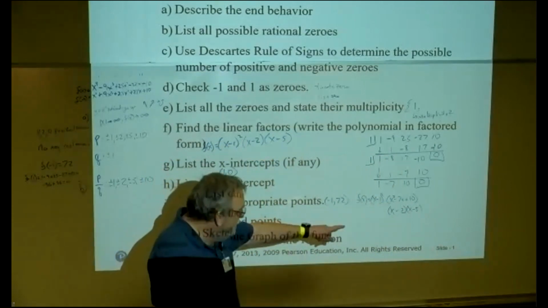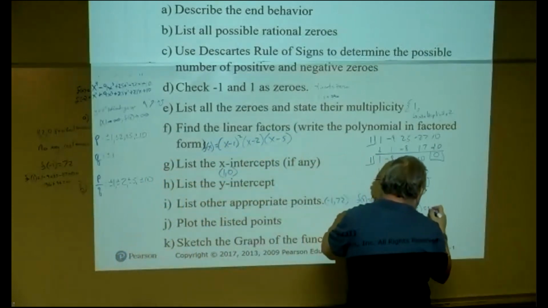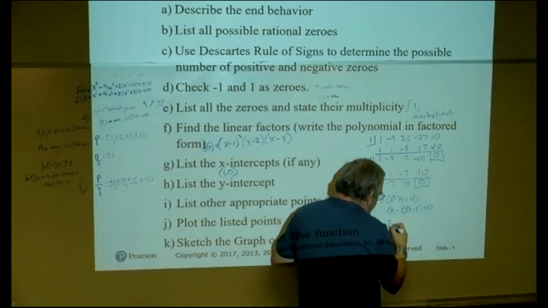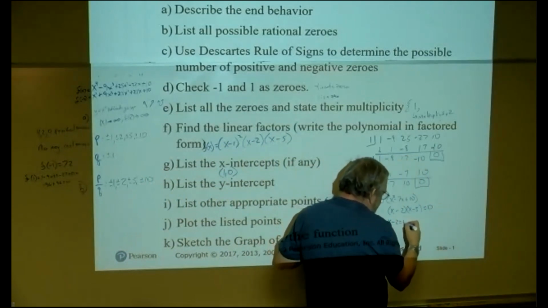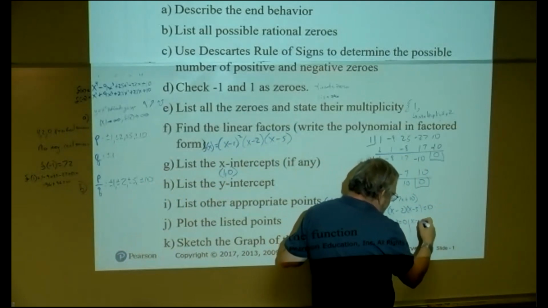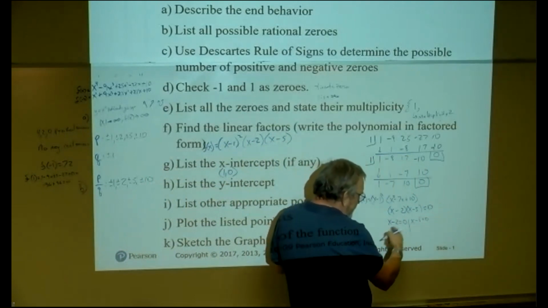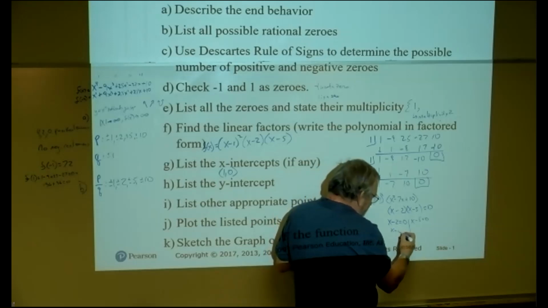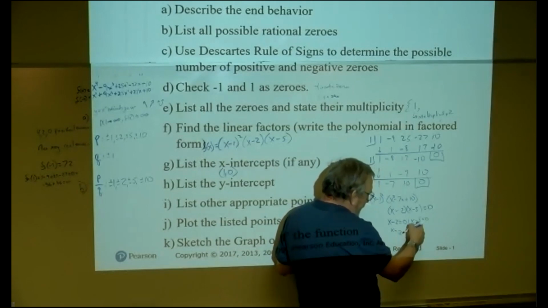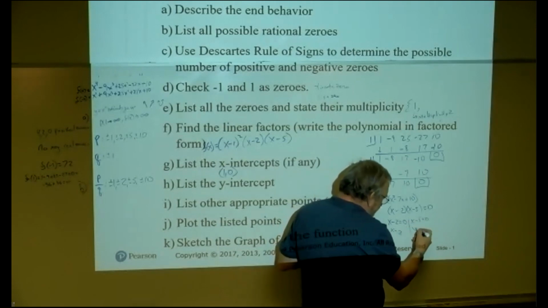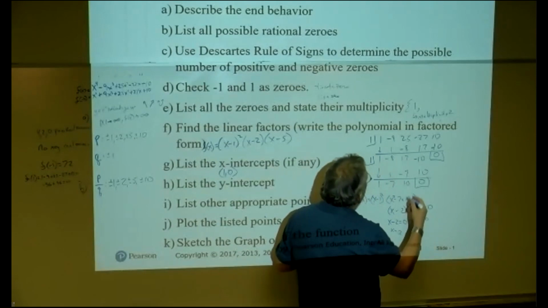And now I set this portion equal to 0, so I need to set each factor equal to 0. X minus 2 equals 0. X minus 5 equals 0. Adding 2 in the first case, we get x equals positive 2. And adding 5 in the second case, we get x equals positive 5.